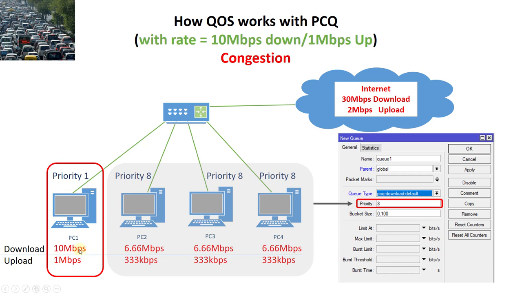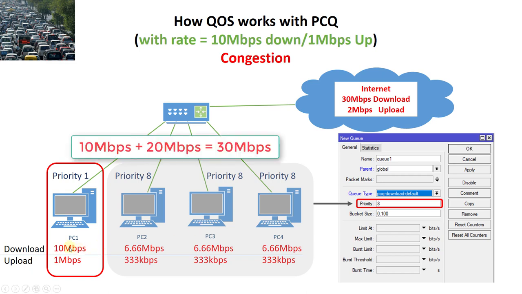So if you subtract 10 from the 20 megabits, you're left with 20, and dividing the 20, now each computer will get a maximum of 6.66 megabits per second and 3.33 kilobits per second. So this is how QoS works with PCQ in a congested network.